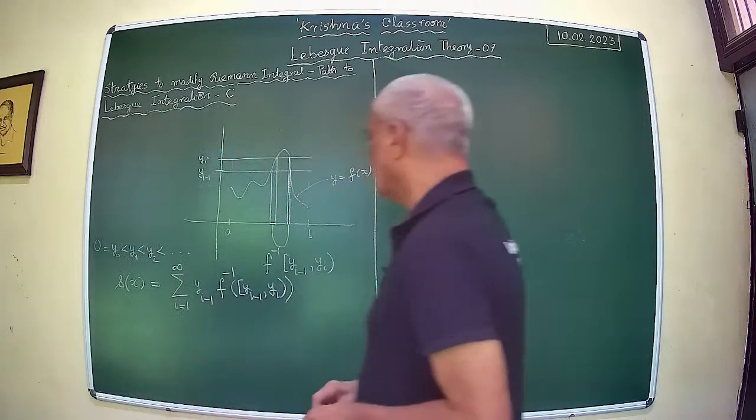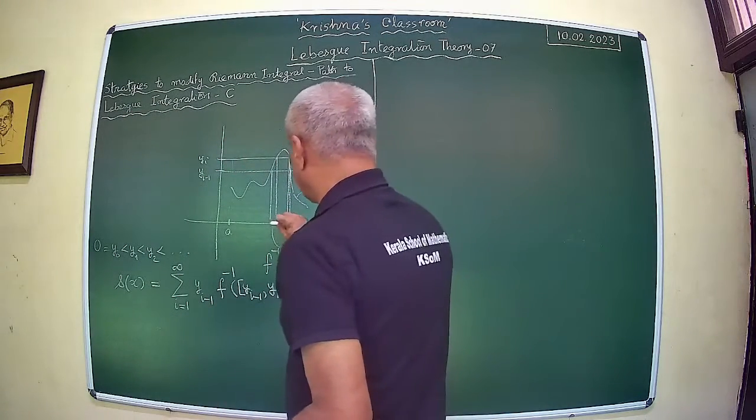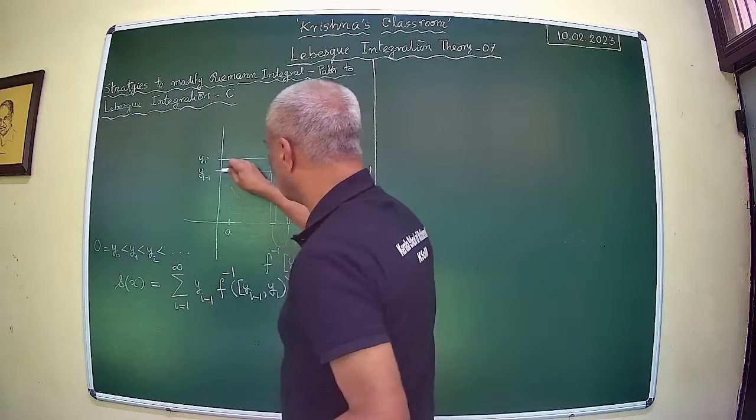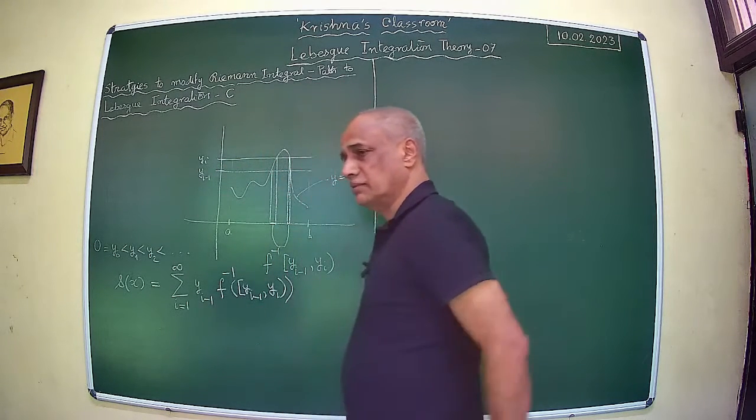That means you approximate on this set the function by its minimum value y_{i-1}.